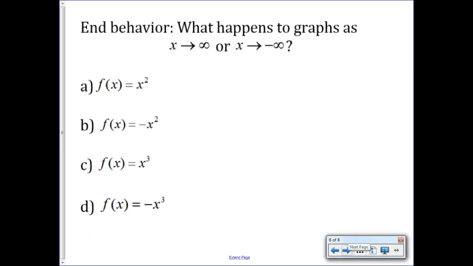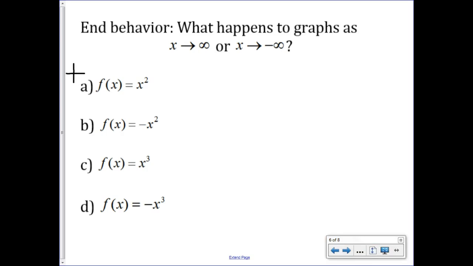Another thing we're looking at is end behavior. So end behavior is what happens to graphs as we reach the edges. So when x approaches infinity, so as we head all the way out to the right, what is happening to the y value of the graph? Where is it going? So if you picture this parabola, I'm going to draw it in over here.